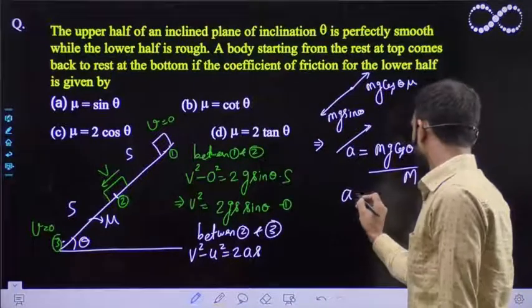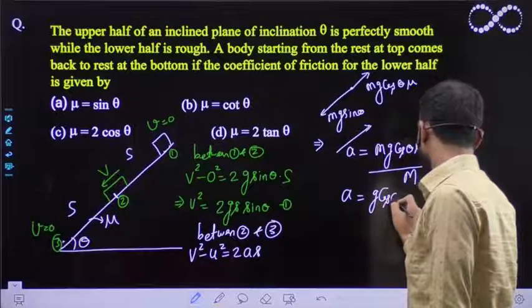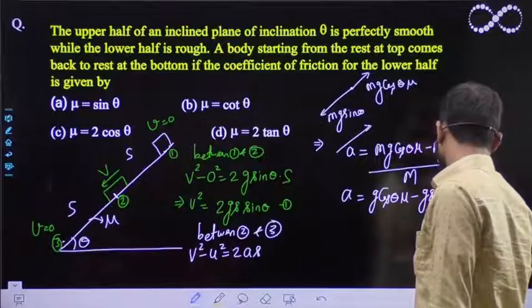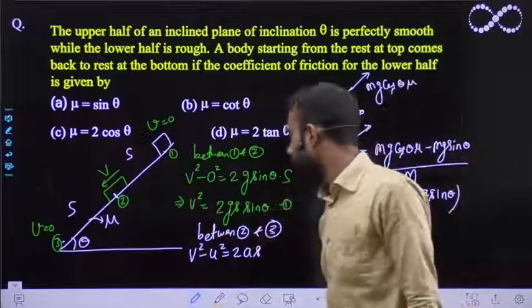So we get a is equal to, m cancels out, g cos theta mu minus g sin theta. This is the acceleration in the upward direction, so you can say this is the retardation here.